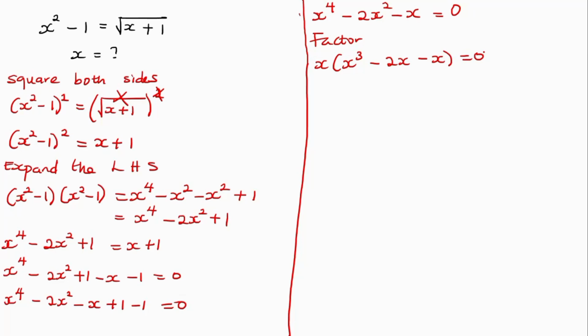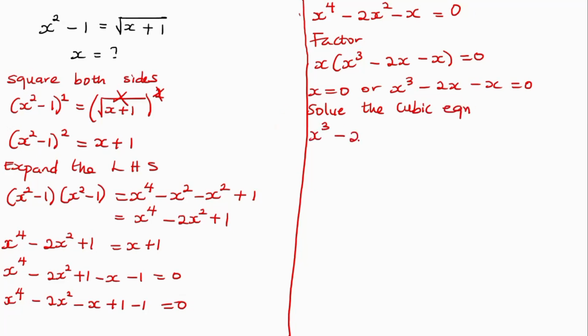Alright, so here we have that x is equal to 0, or x cubed minus 2x minus 1 is equal to 0. So all we want to do is to simply solve the cubic equation, which is x cubed minus 2x minus 1 is equal to 0.